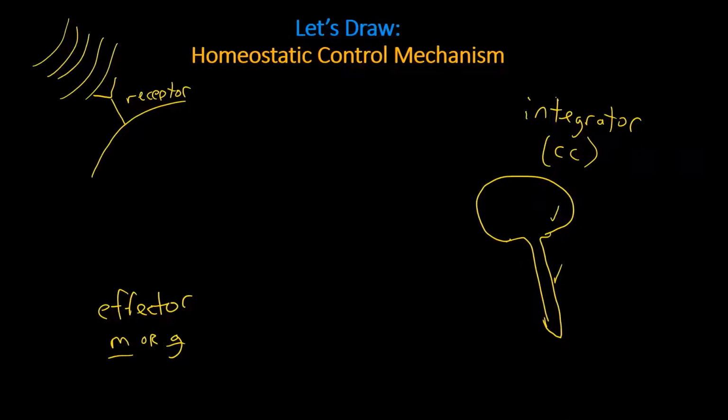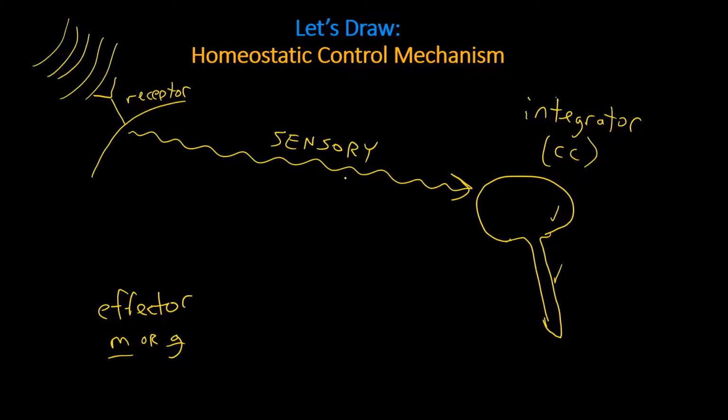What we could do now is connect them with some sort of nervous or communicative structure. So we could kind of do something like this. Let's draw a wire to the integrator. Let's make it really simple. Now, we already know what this type of information is called because we saw it on the last slide. The receptor picks up information and turns it into a signal sent to the integrator, and we call this sensory information.